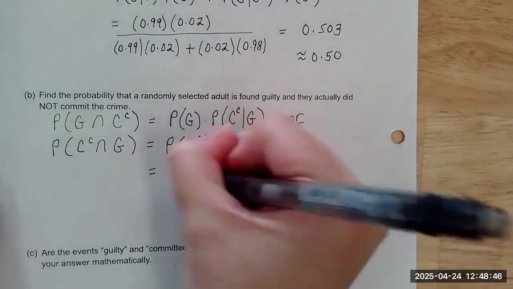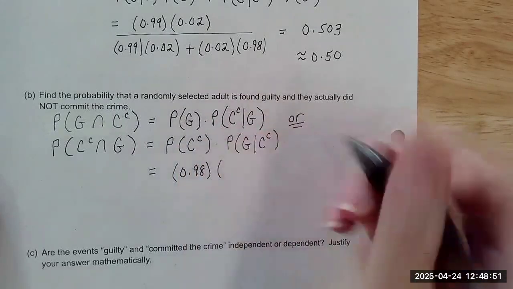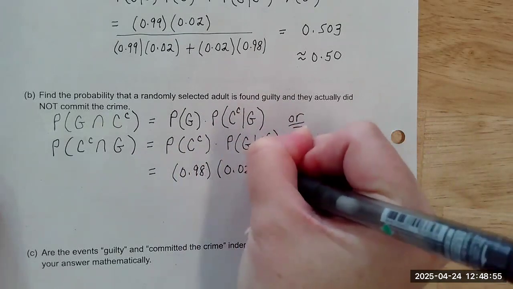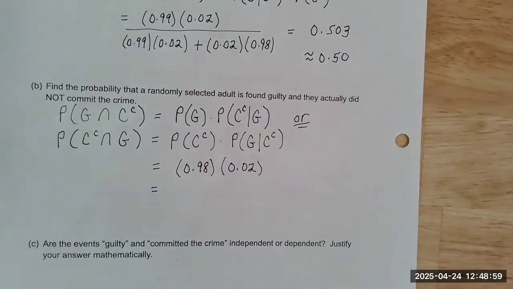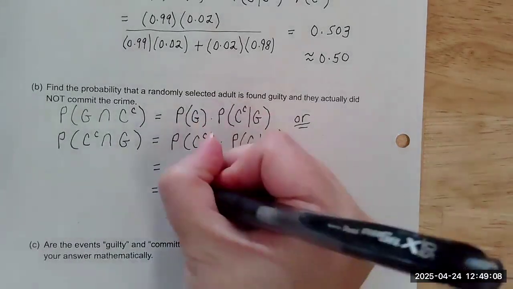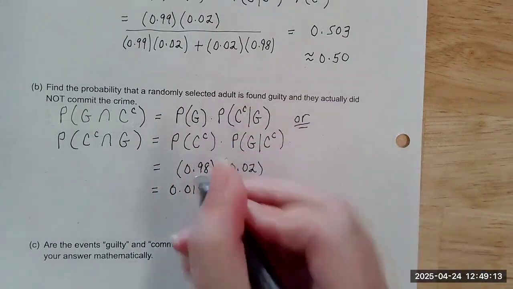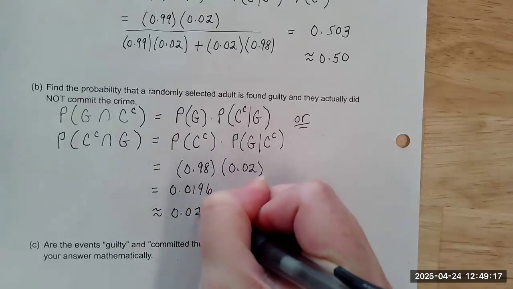Probability of C complement, we said was 0.98. And the probability of G given C complement, we said was 0.02. And so we didn't have to go do anything crazy. We have those. So 0.98 times 0.02 comes out to be 0.0196 or approximately 0.02.